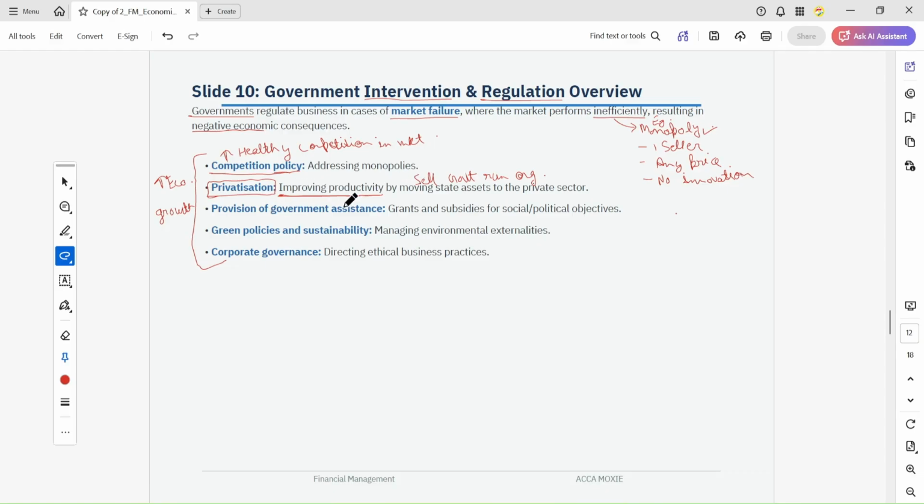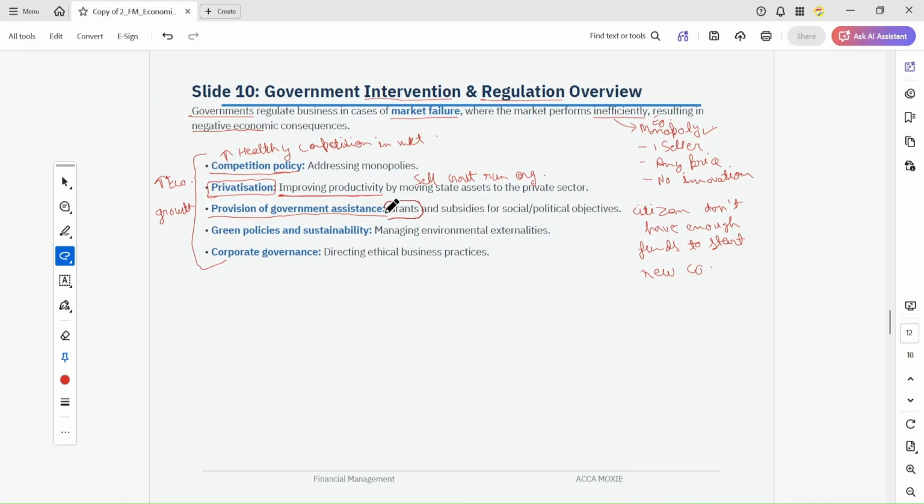Provision of government assistance. If the citizens don't have enough funds to start a new company, then government steps in and gives some government grant.